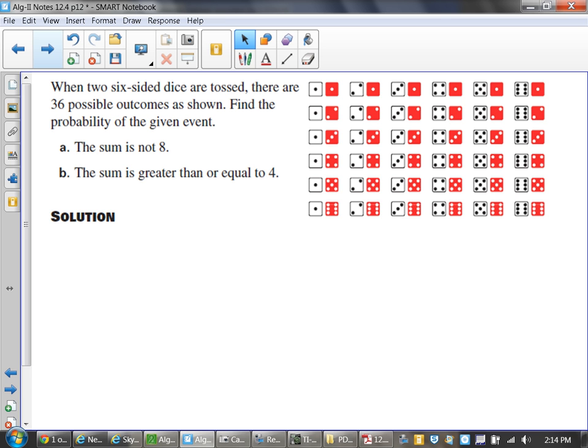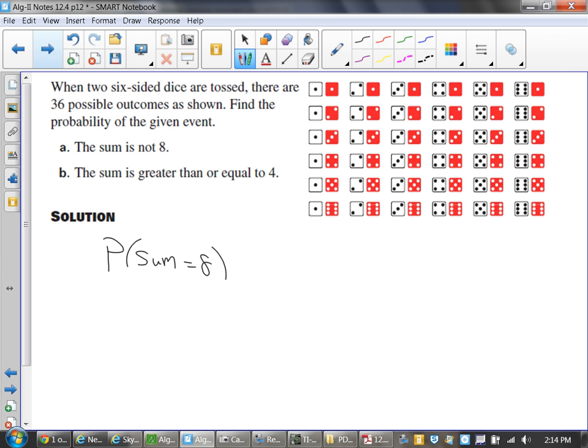I'll show you how a complement works, a lot of times, like I said, to help you not have to do as many calculations. So right there are 36 possible die rolls. If you roll 2 dice, you get all those values, 1, 1, 1, 2, and so forth. It looks a whole lot like a multiplication chart. So if they want to say, what is the probability of a sum not equal to 8? Using complements, just to make your lives easier, we're going to find the probability of the sum equal to 8, and then do its complement.